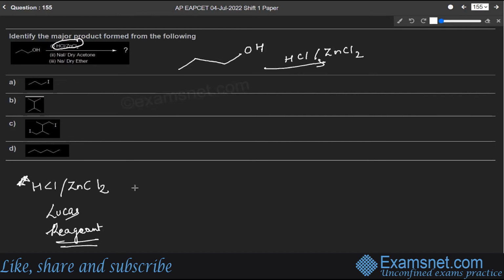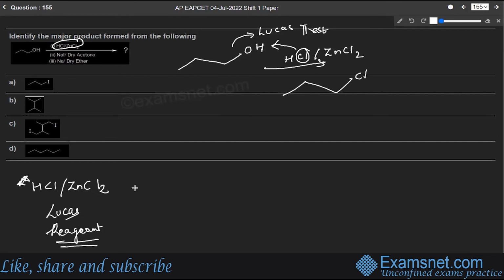This is the Lucas test, right? When HCl and ZnCl2 are given to you, you just have to substitute the alcohol group with a halogen. So this Cl is given, so you will be substituting Cl, and you'll get this as a result.